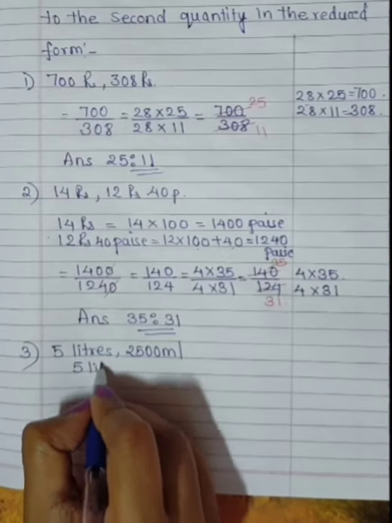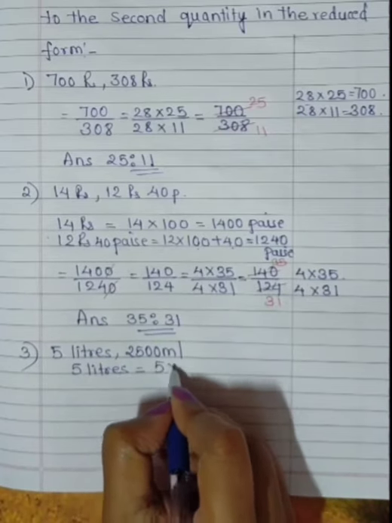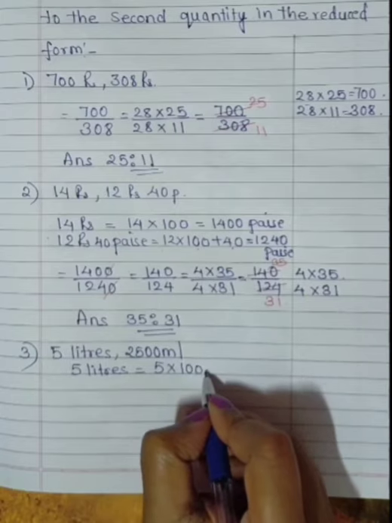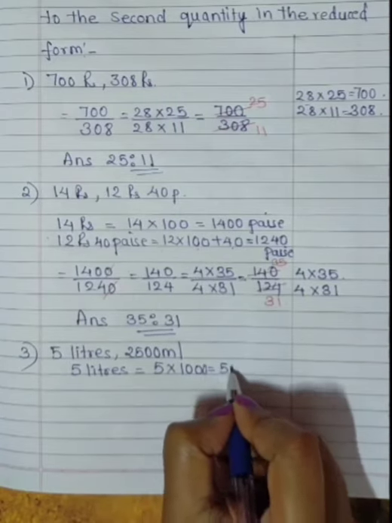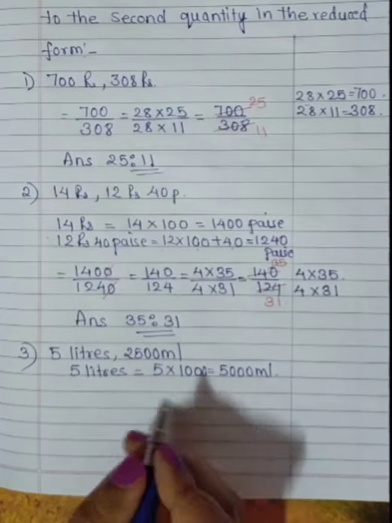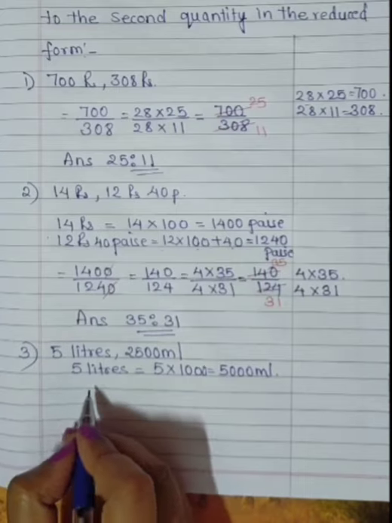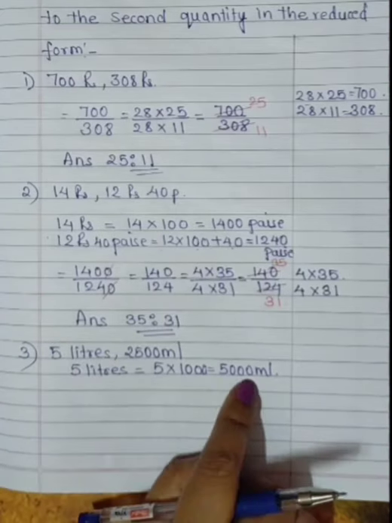5 liter equal to 5 into 1000. So we'll get 5000 ml. Okay, ml is nothing but milliliter. So here, as we can see, we have converted this 5 liter into ml.